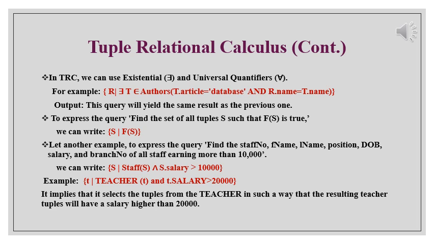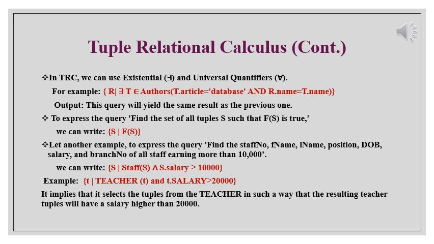To express the query to find the set of all tuples S such that the function of S is true, we can write it as {S | f(S)}. Let's take another example.